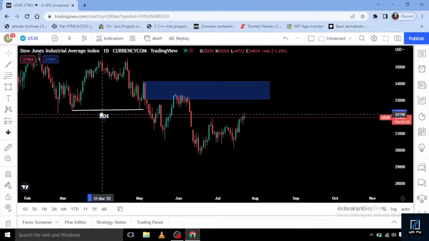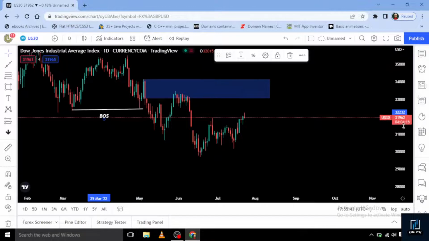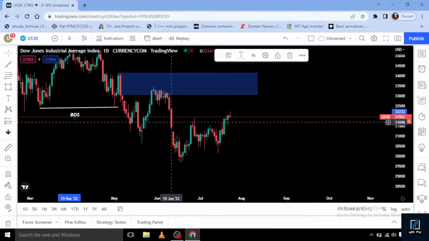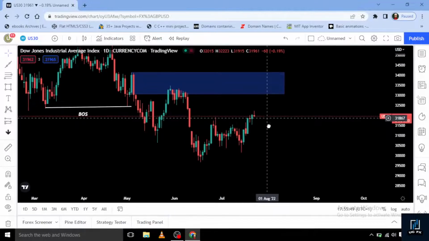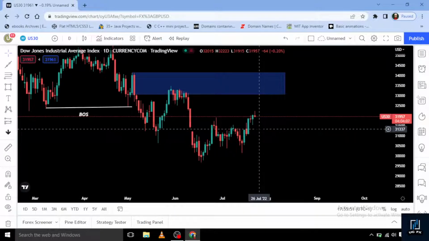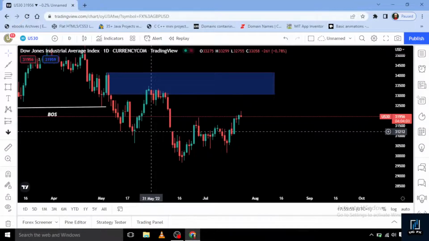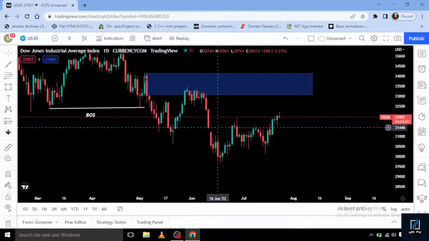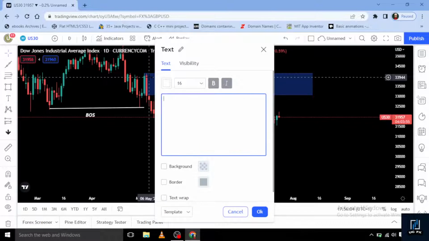Then as well, you need to check liquidity. So after break of structure, you need to wait for liquidity before price will tap into your order block. So this area is actually our daily order block. So we have our daily OB.